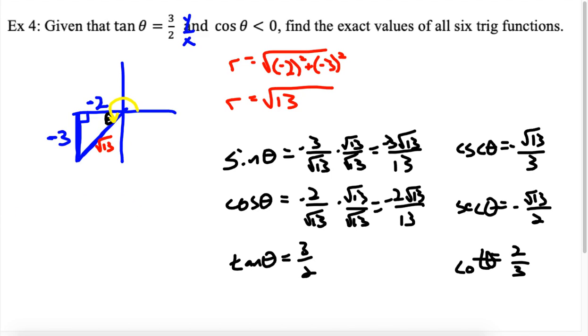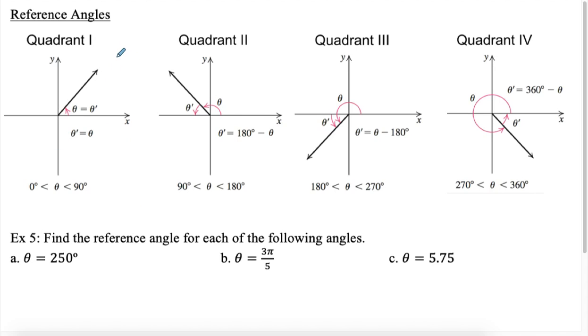To find the actual measures of those reference angles, we have to figure out what quadrant we're in. In our first example, 250 is going to be in the third quadrant. We want to start to recognize that this is 90, this is 180, this is 270, and then all the way back around would be 360. So 250 is in between 180 and 270, so I know it's in quadrant 3.